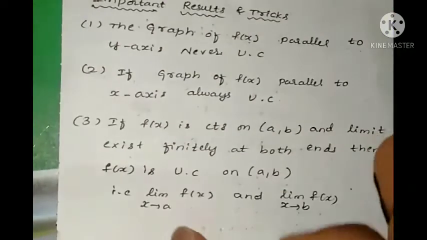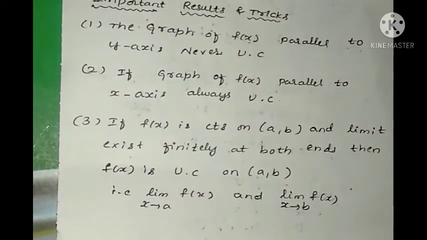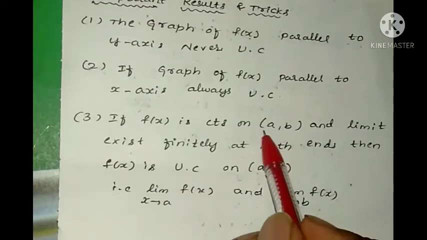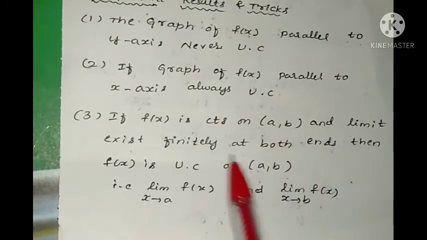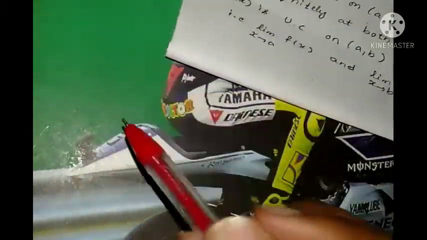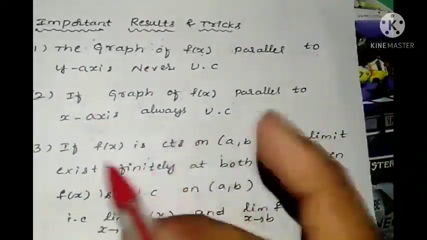The meaning of this point is, if the given interval is an open interval and the given function is continuous on that open interval, then we only check at the endpoints. If both the endpoint limits exist finitely, then we say that the function is uniformly continuous. Yes or no? We remember this point. This is the most important point.